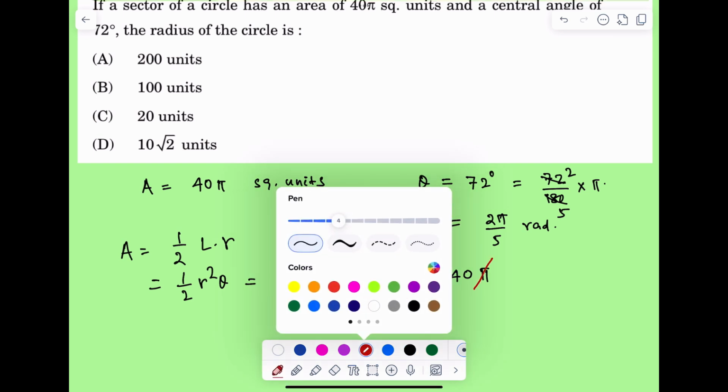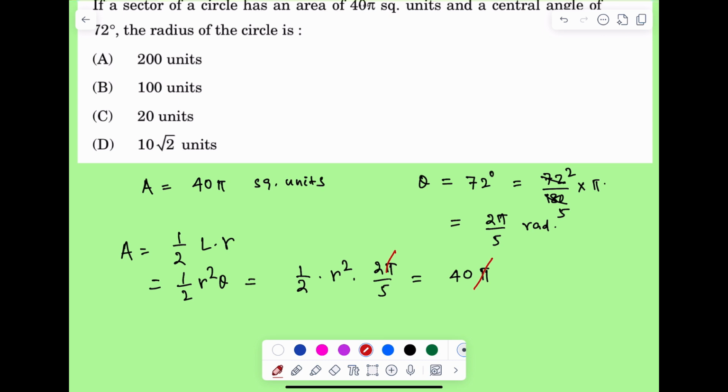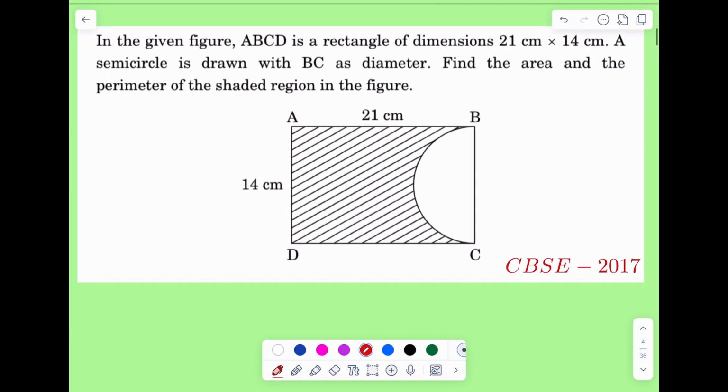Here you see this pi will be cancelled out, 2 will be cancelled out, or R square is equal to 200, or R is equal to square root of 200 units, or that is equal to 10 root 2 units. Hence option D is correct.